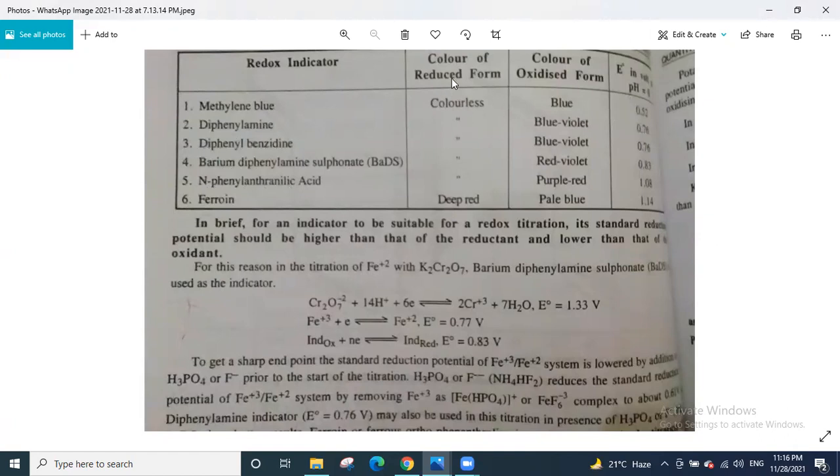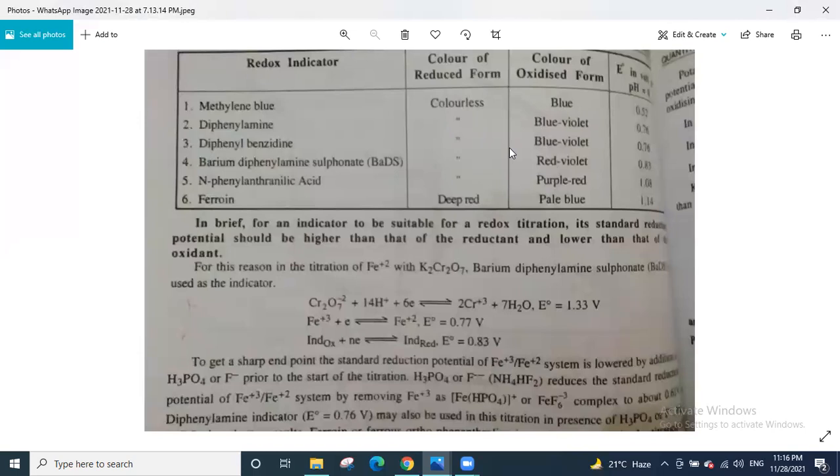In the reduced form, most of them are colorless, and in the oxidized form they have a different color. There is a sharp color change, from colorless to blue, to red, to purple, or deep red to pale blue, so the endpoint can easily be detected.